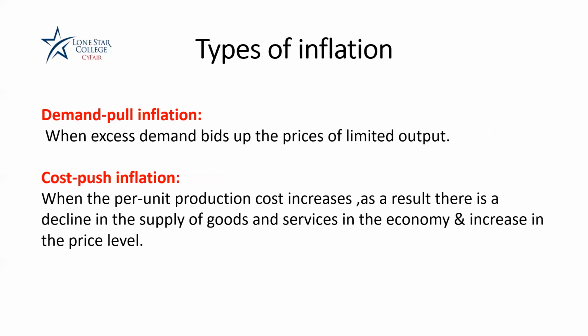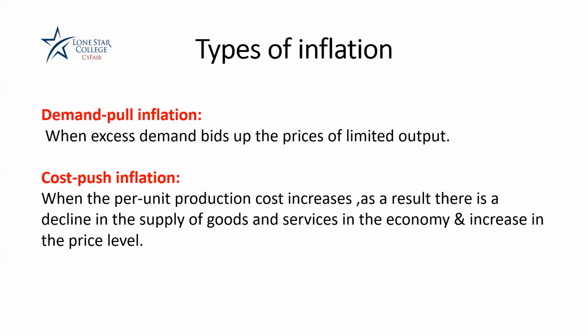Okay. Now let's talk about types of inflation. We have two different types of inflation. The first one is called demand pull inflation, and both of these types of inflation are related to what we discussed in chapter 3. You can go back and look at the changes in demand and supply.